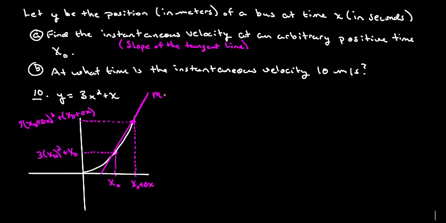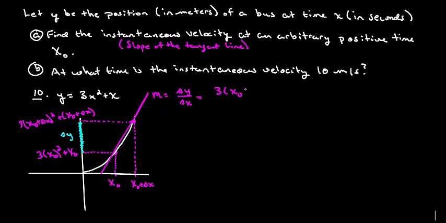So we want the m value, which is the delta y over the delta x. And so the delta y is 3x naught. By the way, the delta y is right here. Okay.